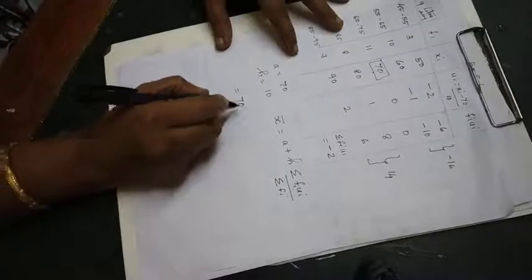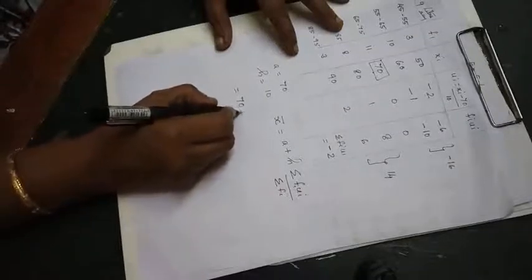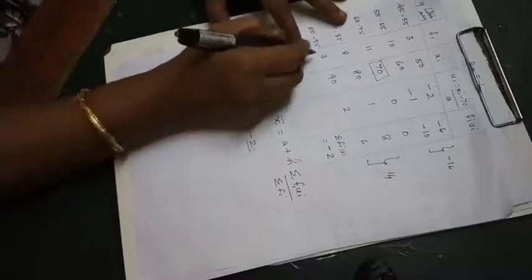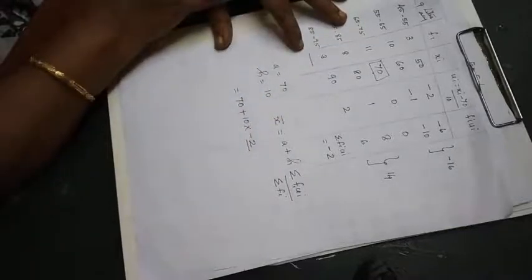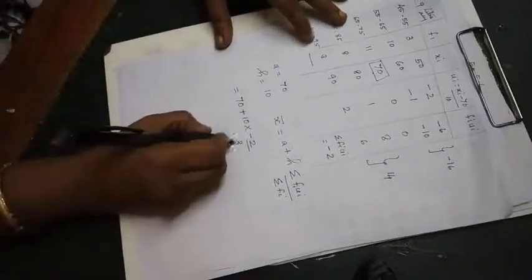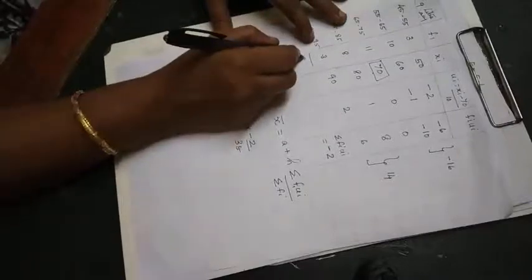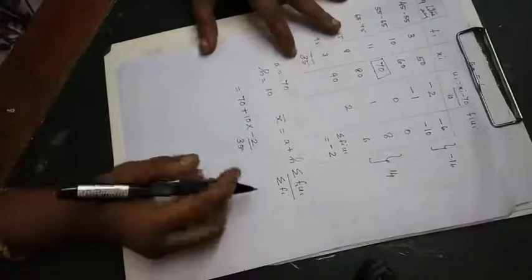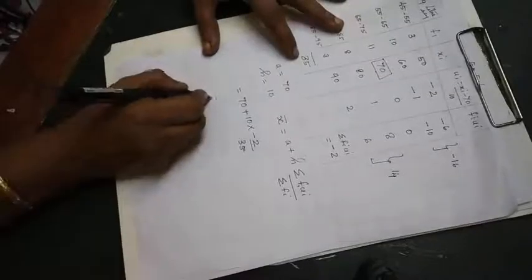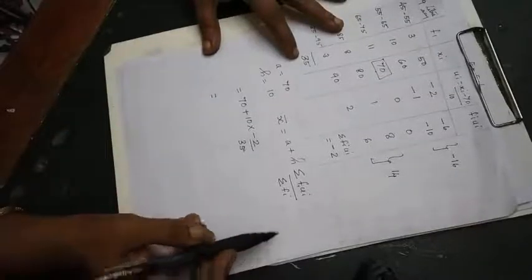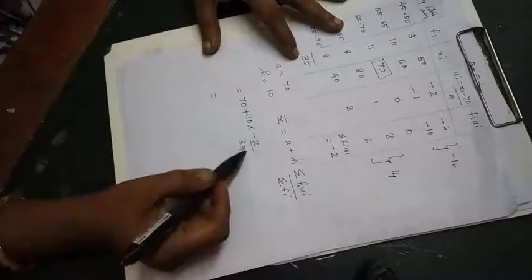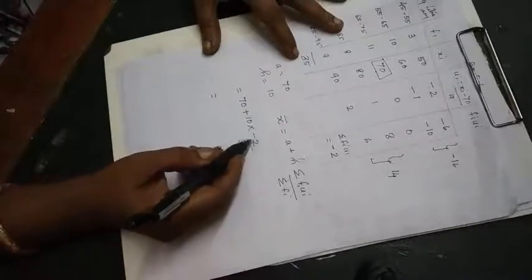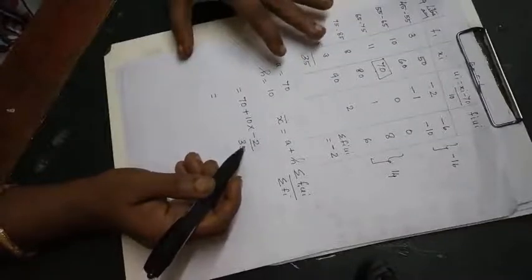That is equal to 70 plus 10 into negative 2 by sigma fi. fi was 35. Okay. So 2 by 35, or negative 20 by 35.